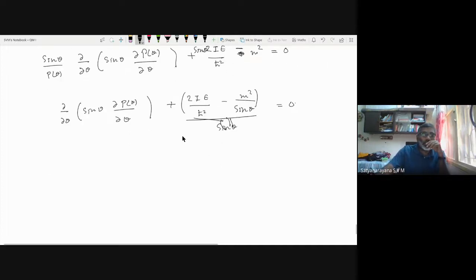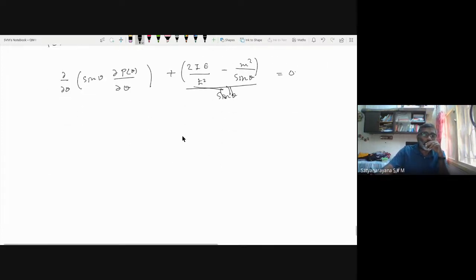So now this can be written as sine theta into d square P by d theta square, plus cos theta into dP by d theta, plus twice IE by h bar square minus m square by sine theta, is equal to 0.